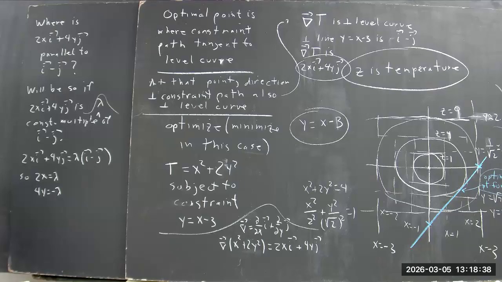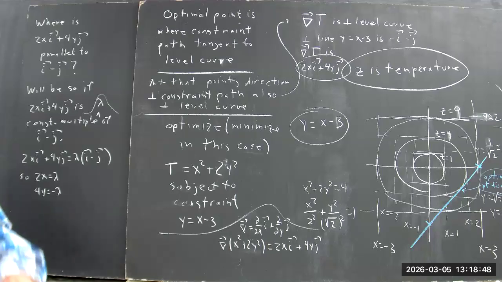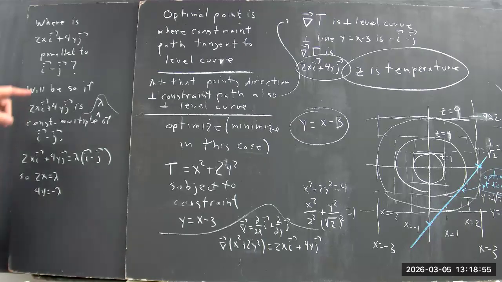So my question then is, where is this gradient parallel to this vector that's perpendicular to the level curve, to the constraint path? That's going to be the case if the gradient vector of the temperature function is a constant multiple of the vector perpendicular to your constraint path.